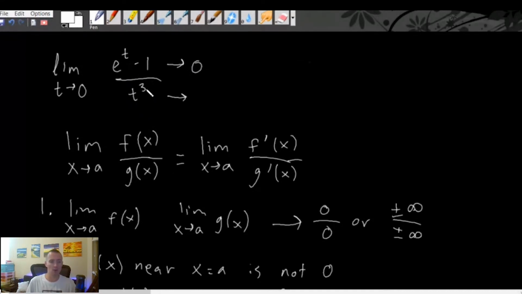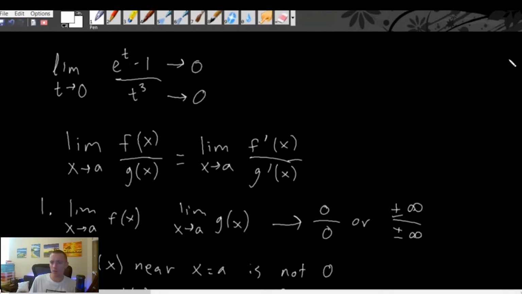A number closer to 0, cubing it is just going to make it even closer to 0. So we do get an indeterminate form here, with the numerator going to 0 and the denominator going to 0.